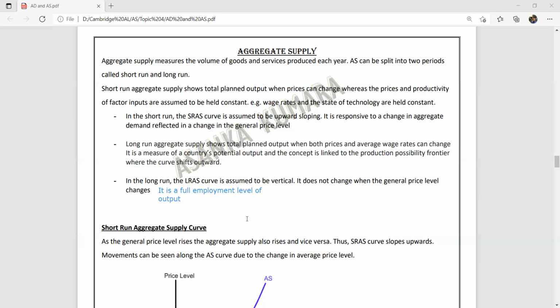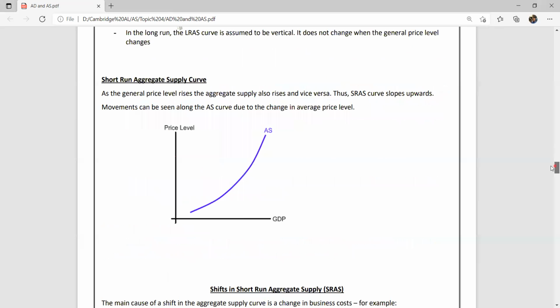Next, the short run aggregate supply curve. We start separately. In the short run, there is a possibility to increase output. For example, this is the aggregate demand curve, AD1.